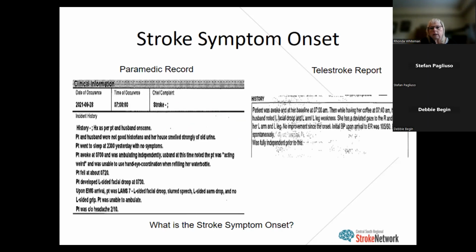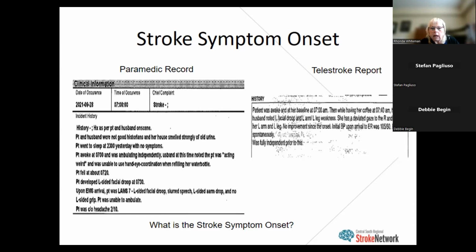In this case, we're focusing on stroke symptom onset. Here you can see we have the paramedic record where the date and time of occurrence indicated in the record is 2021-09-28 at 7 o'clock.